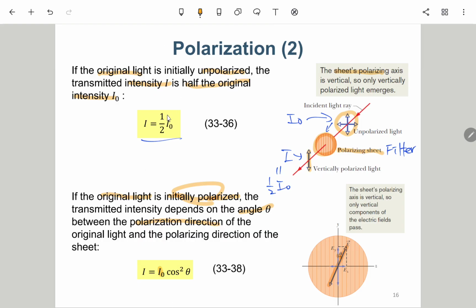For the earlier one, I0 refers to the intensity of the unpolarized light, but for this one, I0 refers to the original polarized light. Here, I is the intensity of the light going through. So I will be I0 cosine squared theta.